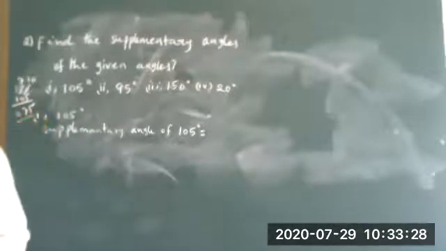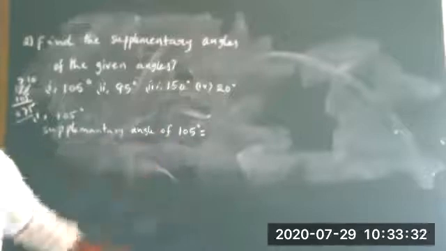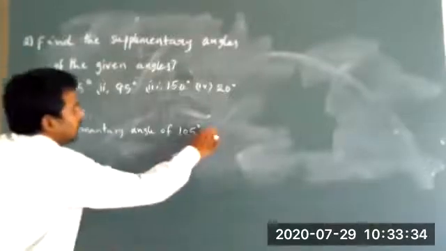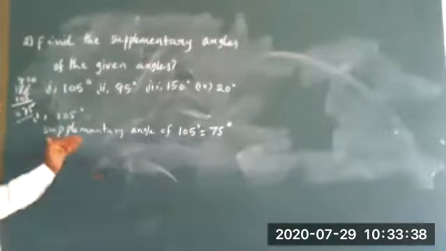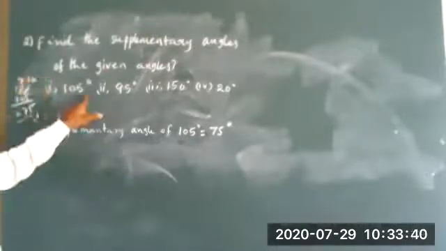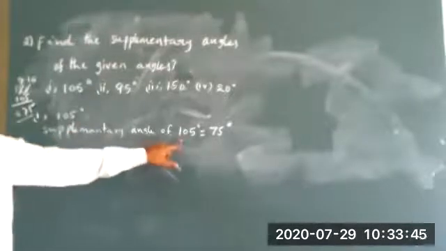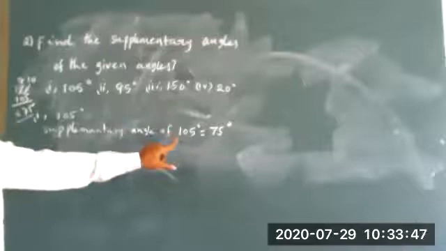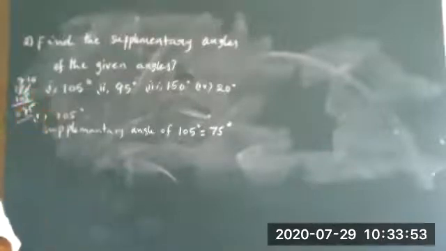Total how much, children? 75 degrees. So the supplementary angle of 105 is 75 degrees. This is the solution of the first problem. To do this problem, take 180 minus 105, and we get 75.